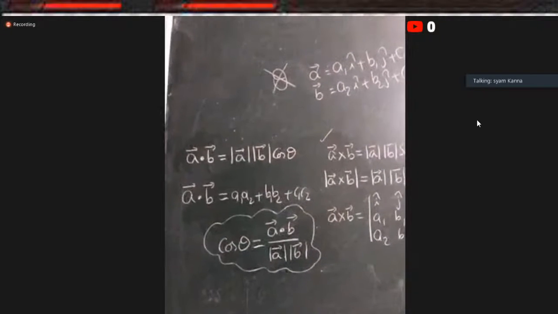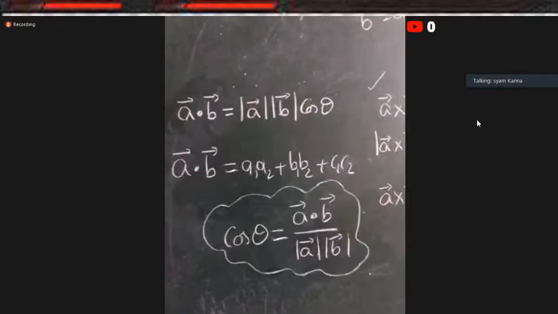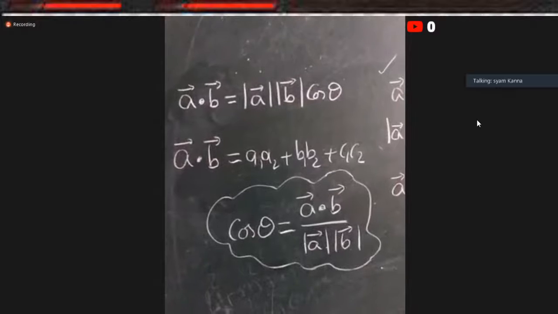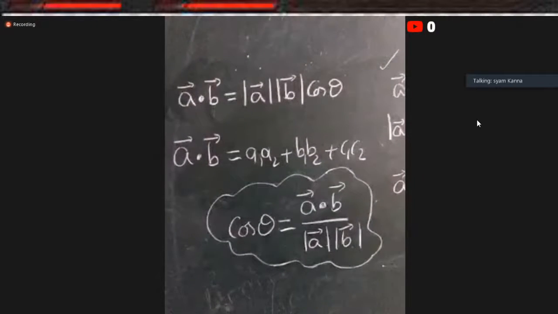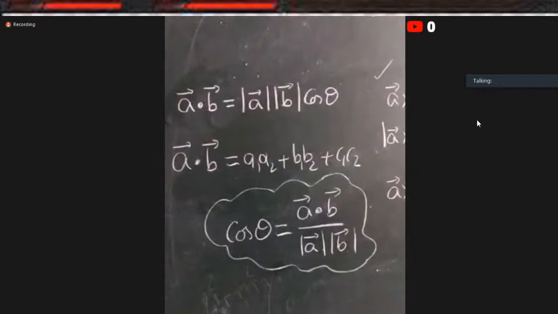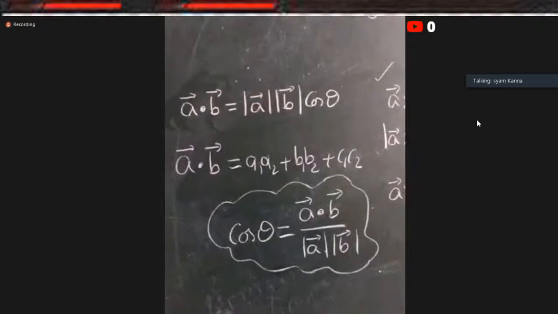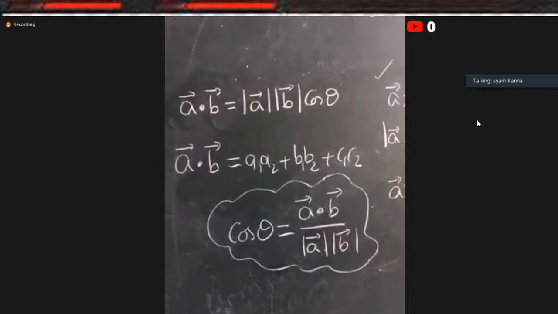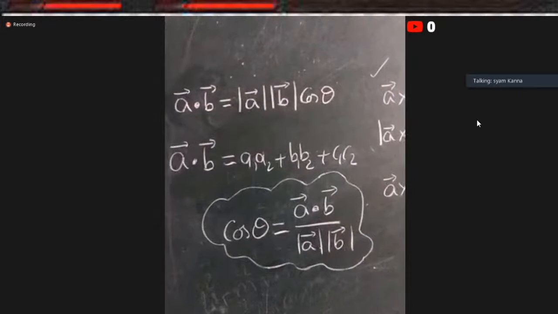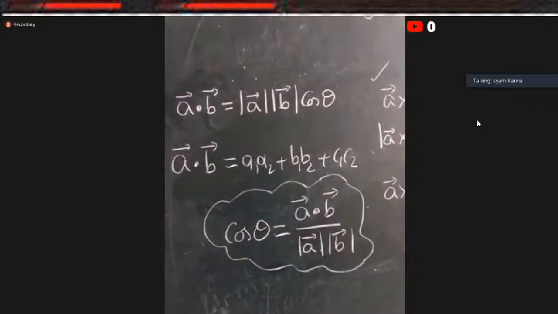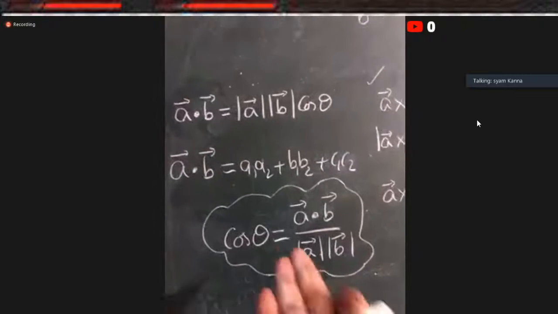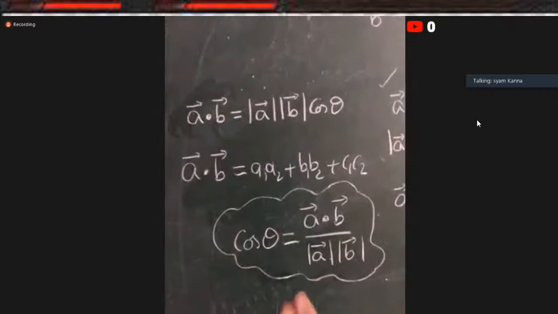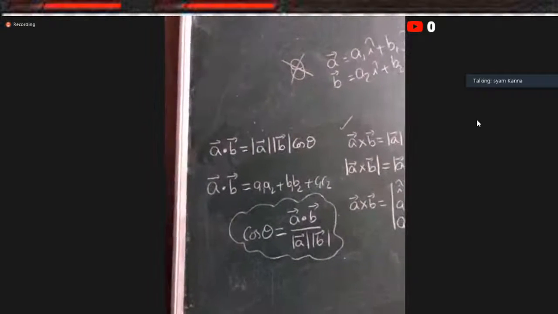Anywhere if you want angle between two vectors, angle between two lines, angle between two planes, angle between one line and one plane, this many questions can be given. For everything, if you want angle, maximum 99.99%, this may be useful. Directly or indirectly, this will be useful to you. So please remember that carefully.